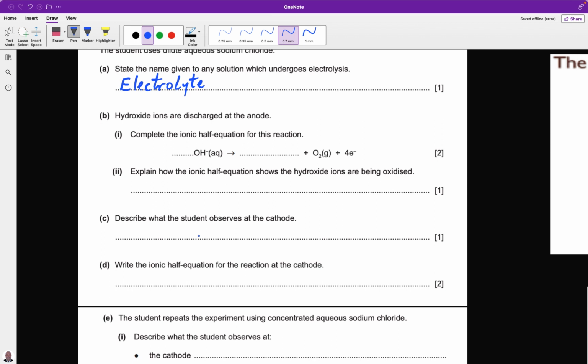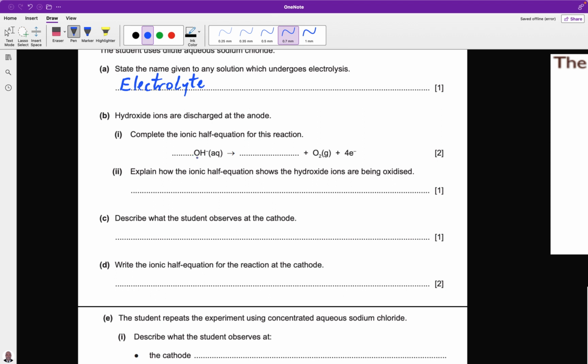Hydroxide ions are discharged at the anode. Complete the ionic half equation for this reaction. Okay, the anode is the positive electrode.